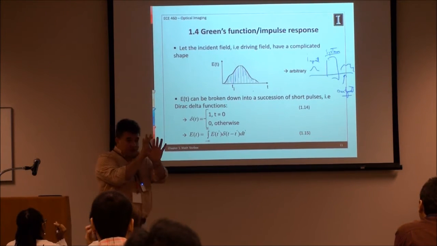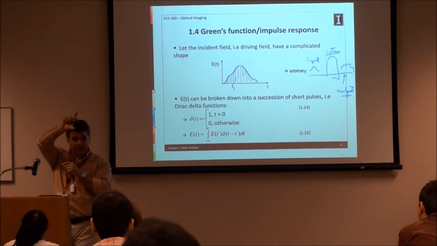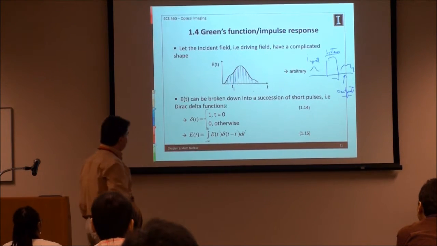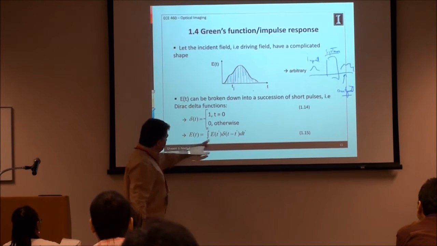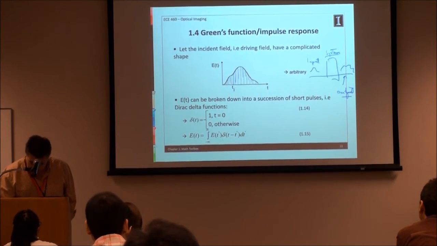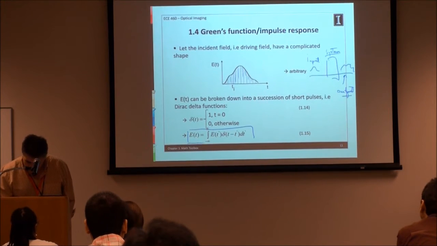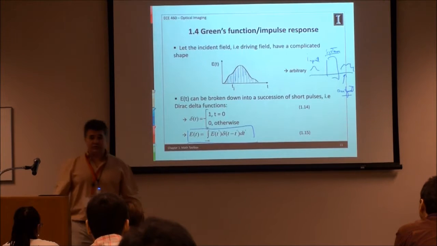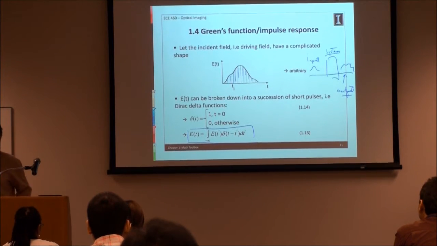And if I properly shift these delta functions and give them the correct amplitude, I should be able to recover the actual input. Mathematically, you can write it like this. This integral is usually presented as the basic property of the Dirac delta function.